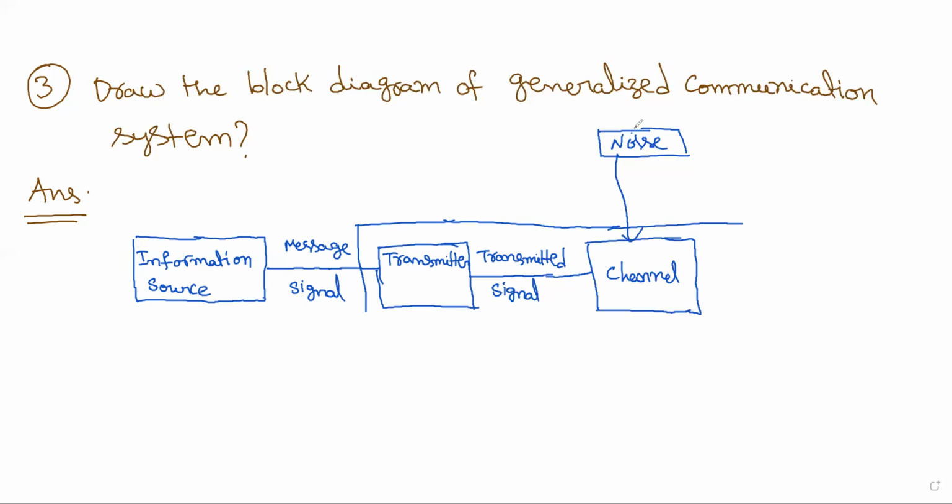From outside, we get some unwanted signal that is called noise. From the channel, we get a received signal.